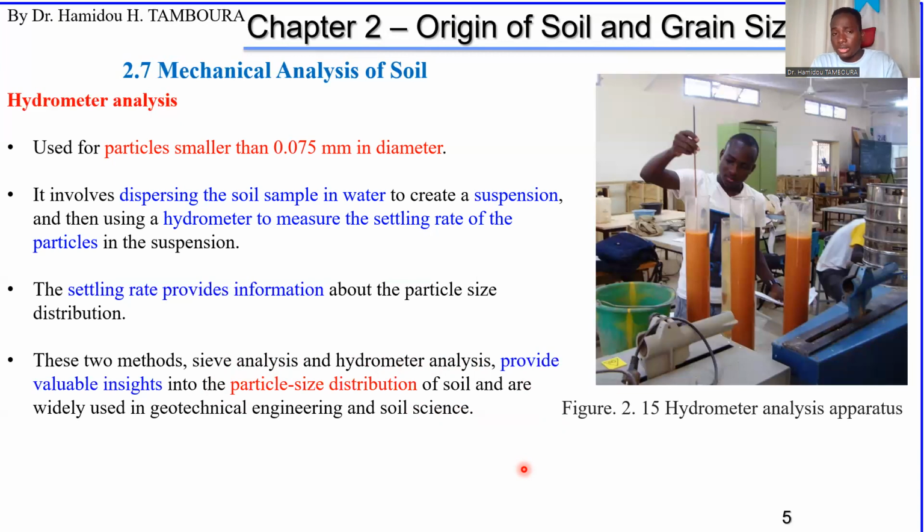Sieve analysis for particles larger than 0.075 and hydrometer analysis for soil particles smaller than 0.075 diameter. And when we combine them together, it will give us the particle size distribution of the soil. And this particle size distribution is widely used in geotechnical engineering and soil science.